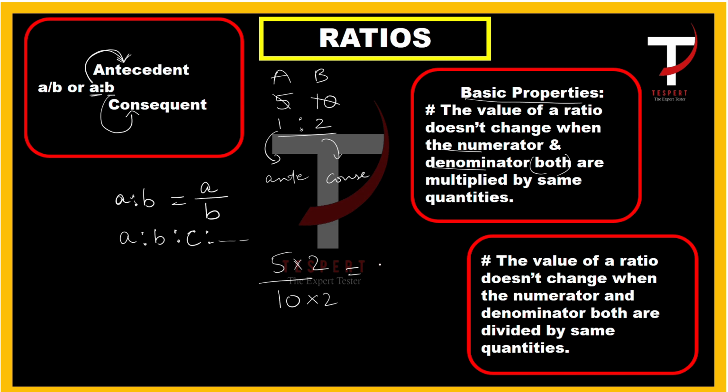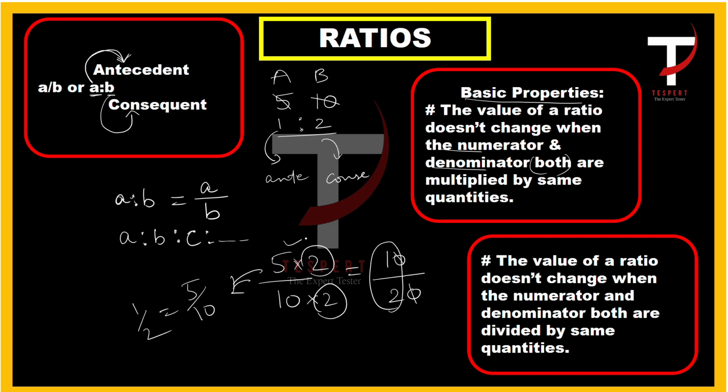The new value is 5 into 2, which is 10, and 10 into 2, which is 20. The ratio 5 by 10 is equal to 1 by 2, and this is also 1 by 2. So when the same number is multiplied with the numerator and the denominator, the ratio doesn't change.